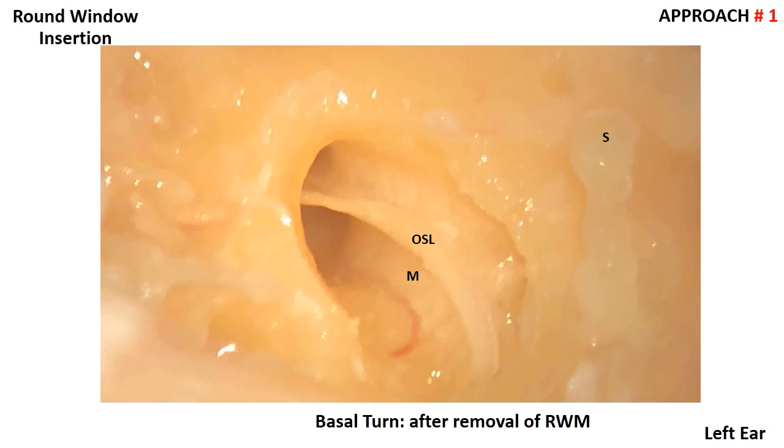This is the osseous spiral lamina coming from the modiolus, and this is the spiral ligament, and in between the osseous spiral lamina and the spiral ligament should be the basilar membrane. Below, at the inferior surface of the scala tympani, will be the opening of the cochlear aqueduct. So this is the scala tympani below the osseous spiral lamina, basilar membrane and spiral ligament line, and above it will be the scala vestibuli.